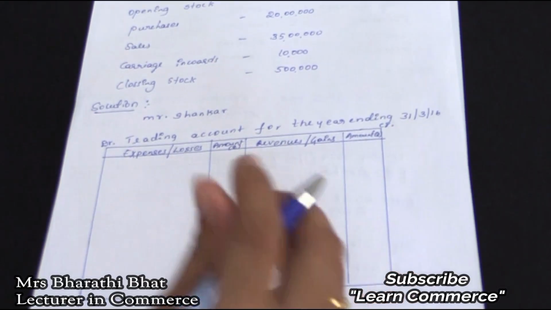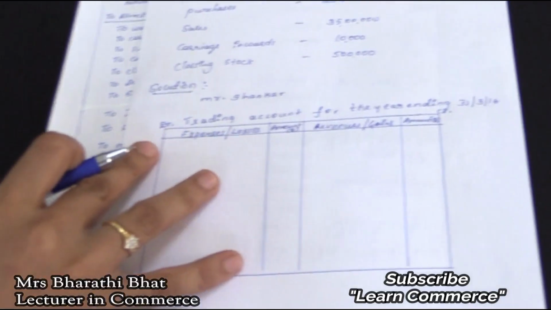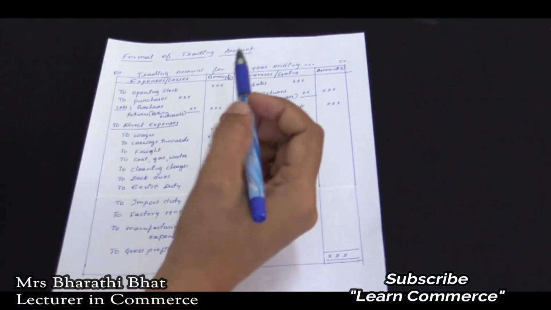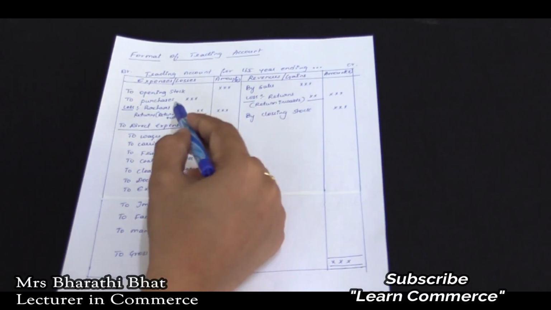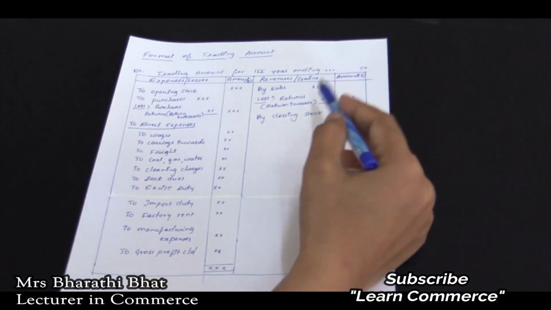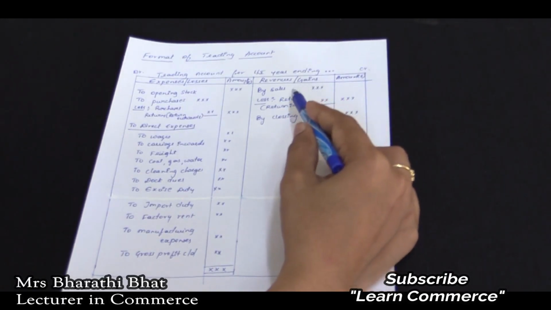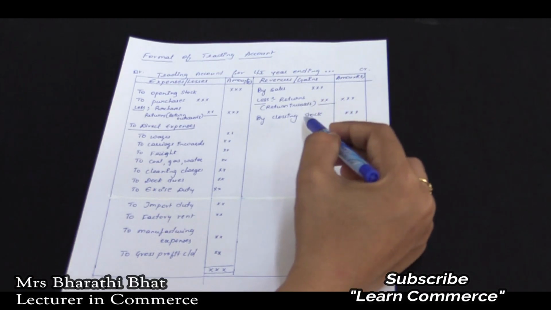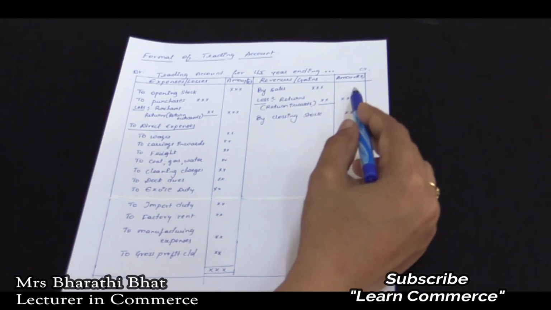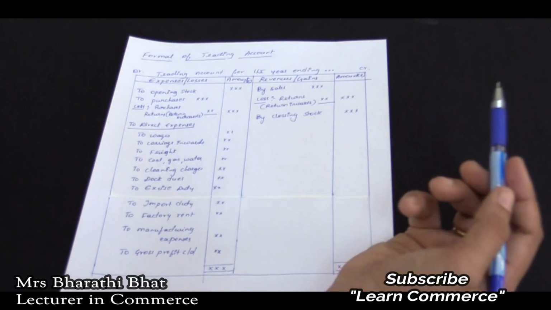Now already we had discussed the format of trading account. In the trading account, see here, opening stock, purchase, all direct expenses are on the debit side, and all revenues like sales and closing stock we can record on the credit side of the account.